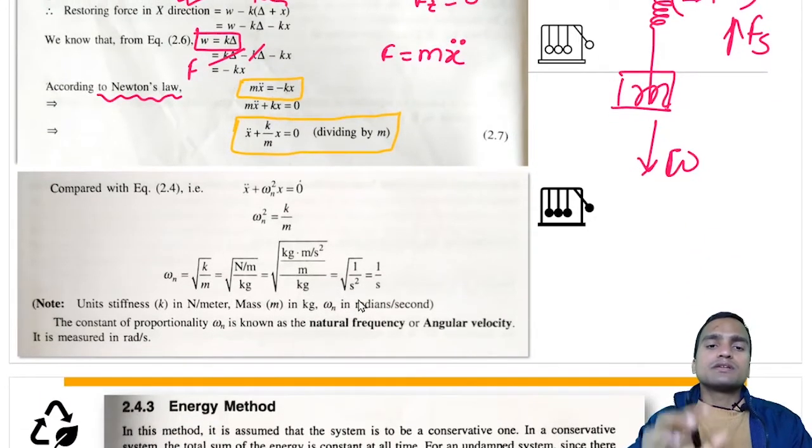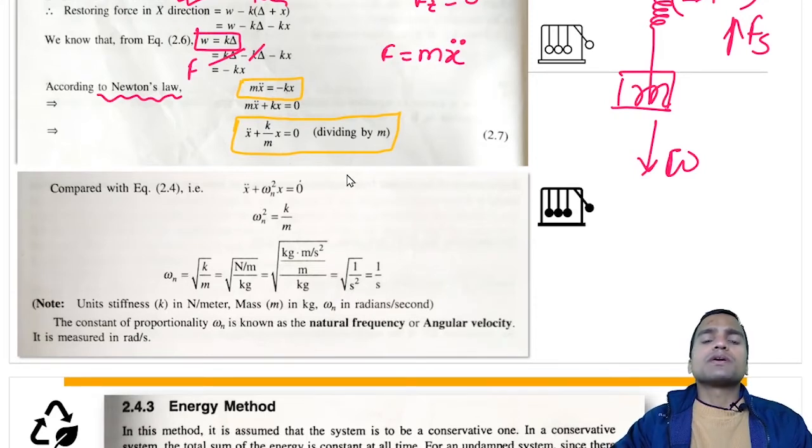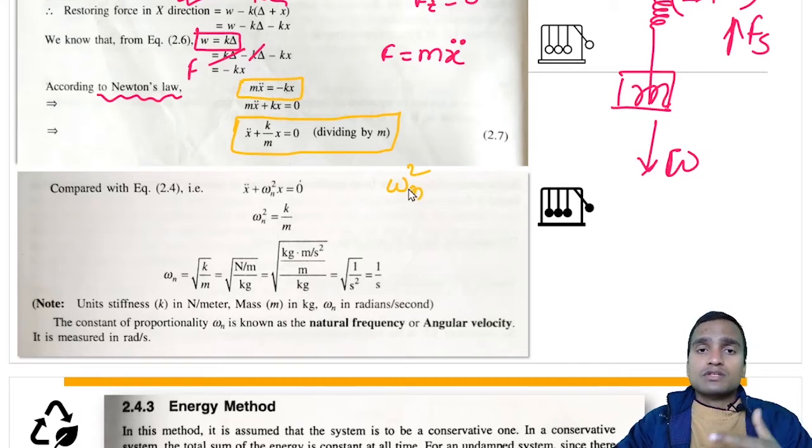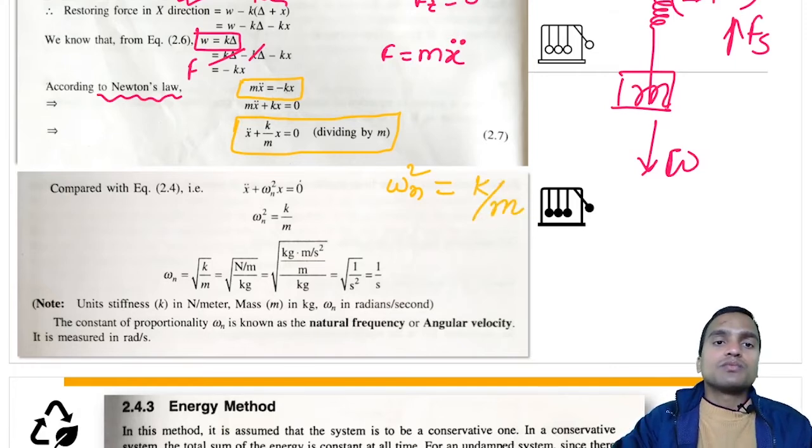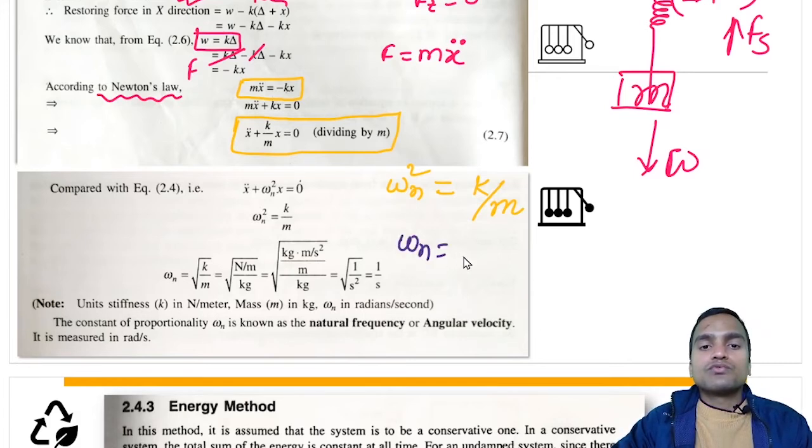If we compare this equation obtained from Newton's second law with the previous SHM equation, we see that omega n square, which we took as a constant of proportionality there, comes out to be equal to k upon m. So omega n is equal to root under k upon m.